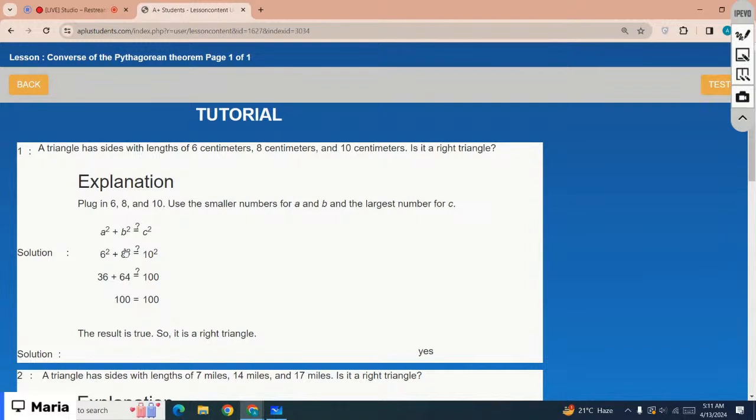They are 6, 8 and 10, that means c must be 10. So just arrange them. 10 square equals 6 square plus 8 square. So 6 square is 36, 8 square is 64. So just add and you can see both sides are exactly equal, right? That means the result is true. That is a right triangle.